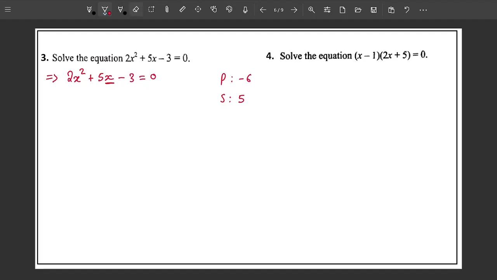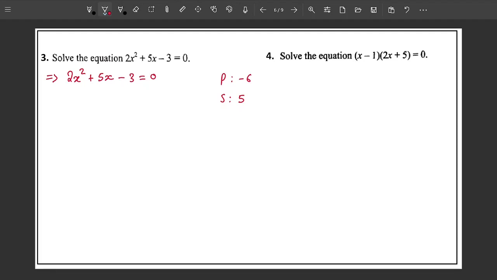Now, once you do that, what follows next is to look for two numbers which, when you multiply them, give you -6, and when you add them, give you 5.